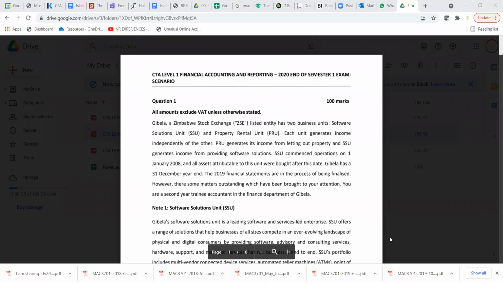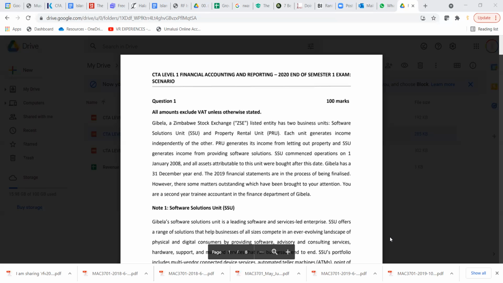Remember, for the accounting treatment of a financial asset, the first thing you have to identify is the type of financial asset. It's either amortized cost, fair value through OCI, or fair value through P&L. Then you need to discuss initial recognition, and you need to discuss subsequent measurement.